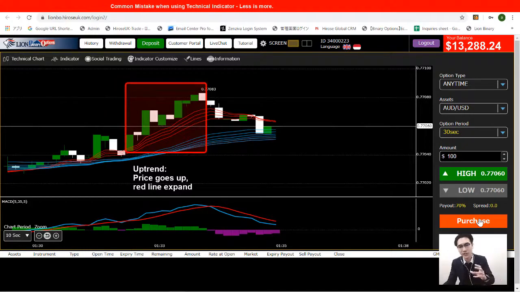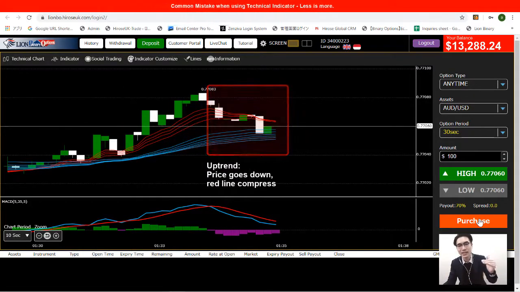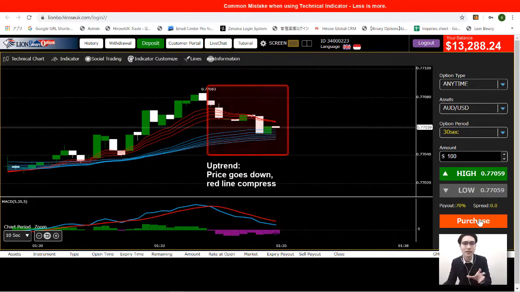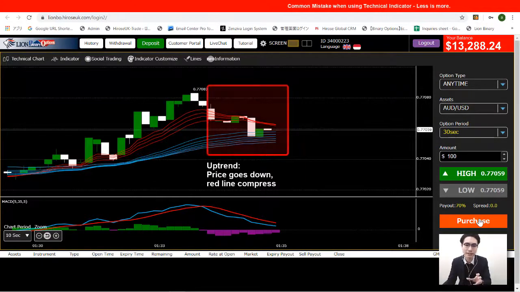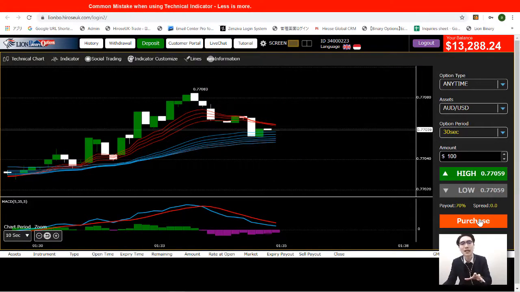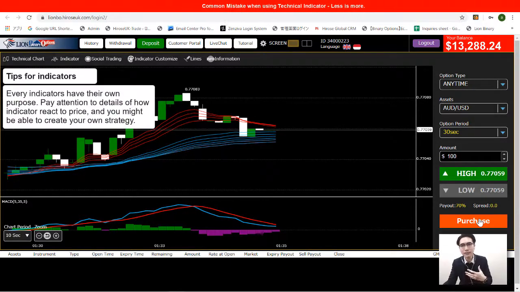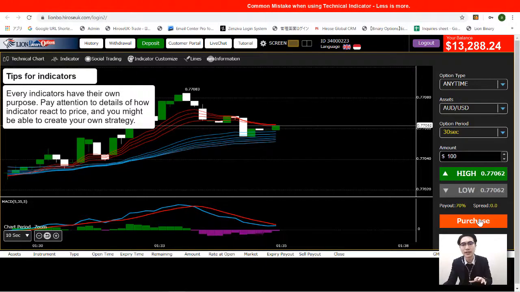But when a retracement happens, a pullback, the line is going to compress. When the line is compressing, I should be getting ready to get into the market. And when it expands again, that's the time to strike for profit. So that's the detail I noticed from the GMMA.